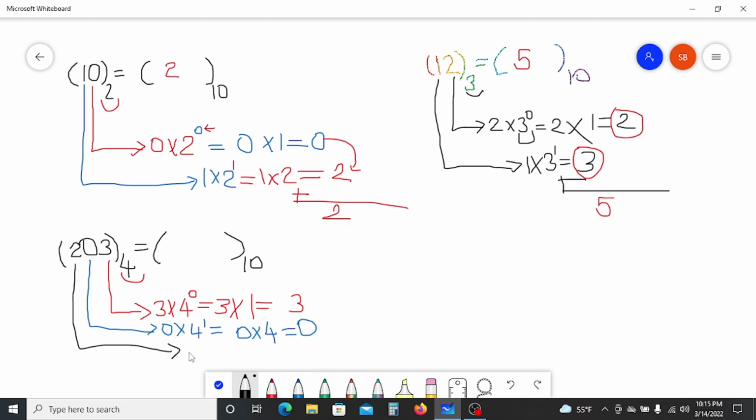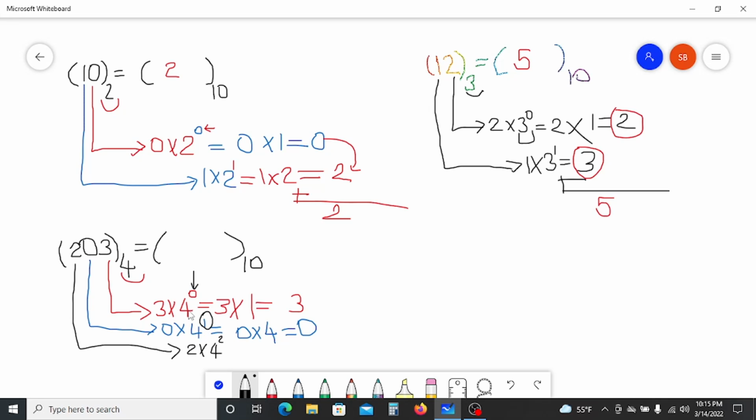Final number, let's try to get this color. At least we can distinguish all the digits separately from each other. Your number is 2. 2 times base 4. This is the first time we are going to the third digit. Am I right? 0 power, second power is 1, and the third is what? 2. Third is not 3.